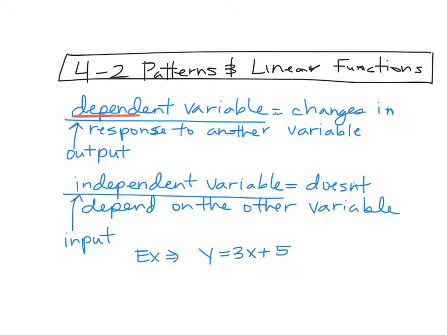But if I plug in 4 for x, it's going to make y 17. So y depends on the x. That means that my dependent variable here is the y. My independent variable is the x. We can pick what to plug in for x, and it will change what we get for y.